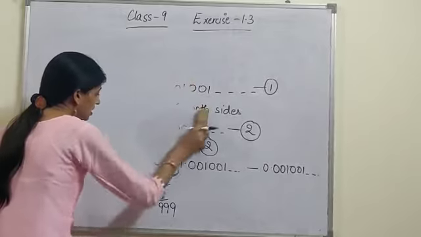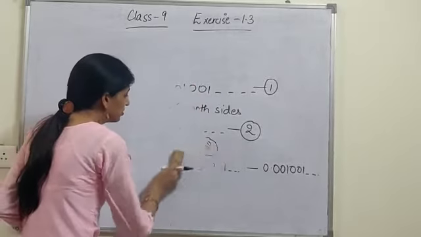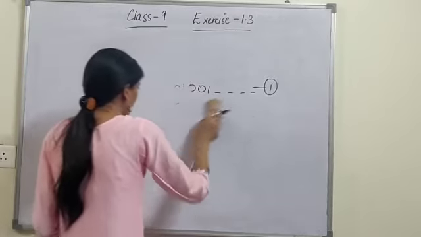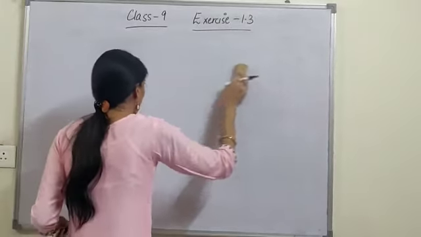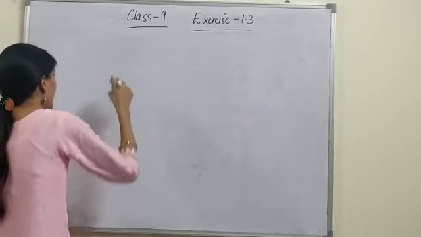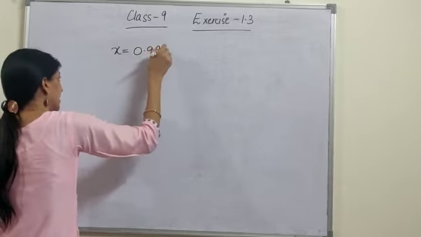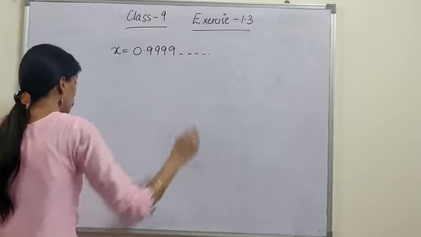Now we are going to do the last question of this session. In this question, you are given x equals to 0.9999 and so on.